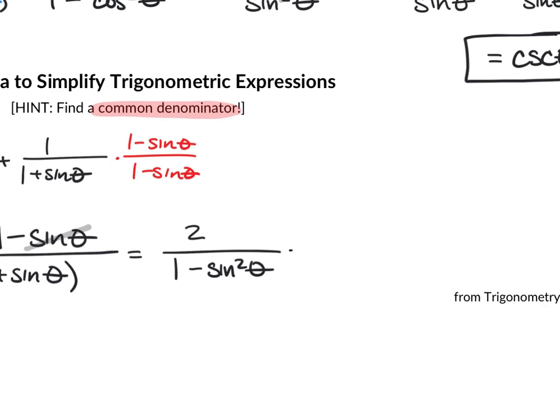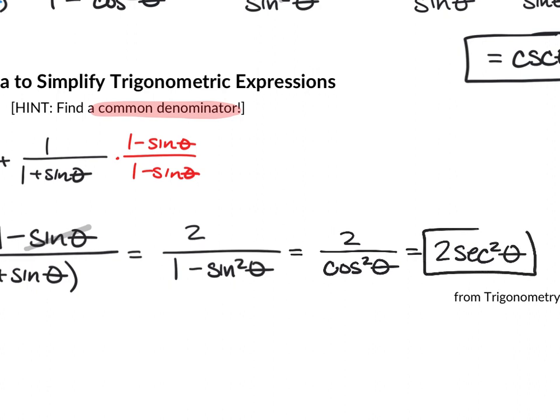We can keep simplifying this, since 1 minus sine squared of theta, if you look at your formula chart, is the Pythagorean identity where that is equal to cosine squared of theta. And since cosine squared of theta in the denominator is just the reciprocal of secant, we can continue to use the reciprocal identity to change this into 2 secant squared of theta.